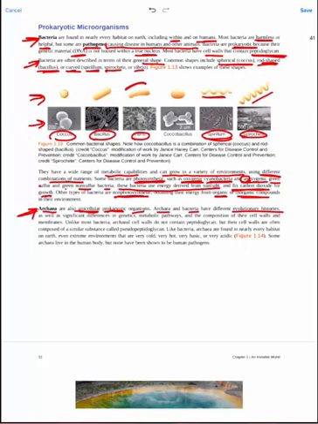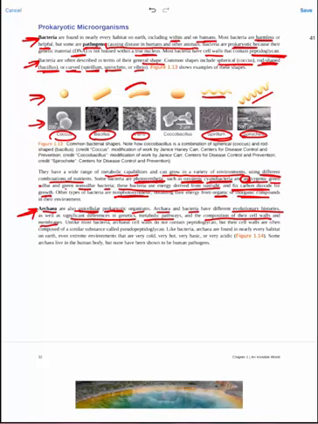So they have different paths there, different evolutionary histories, as well as significant differences in genetics, metabolic pathways, and the composition of their cell walls and membranes. And again, we're going to look at those very specifically as we go along into different chapters.